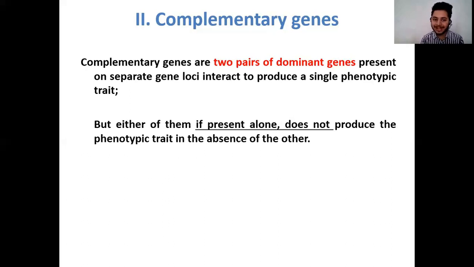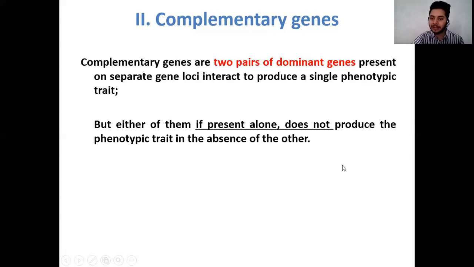Now the condition is that if out of these two genes only one of them is present, then the phenotypic trait will not be produced in the absence of the other. So if either of the dominant genes is present alone, the phenotypic trait will not be produced.